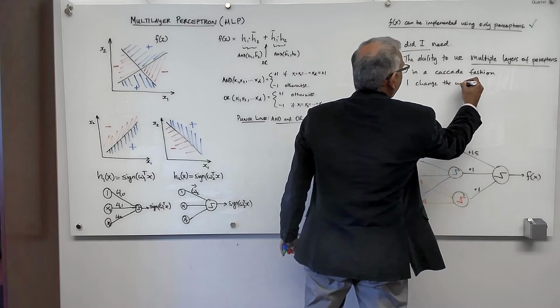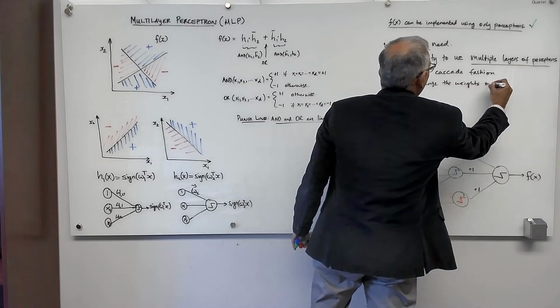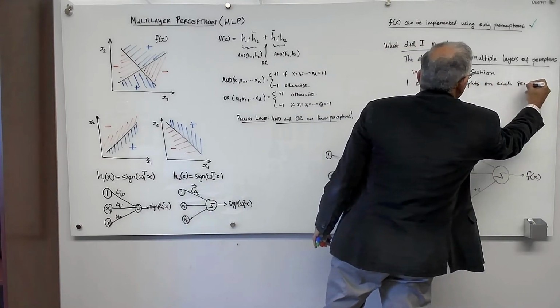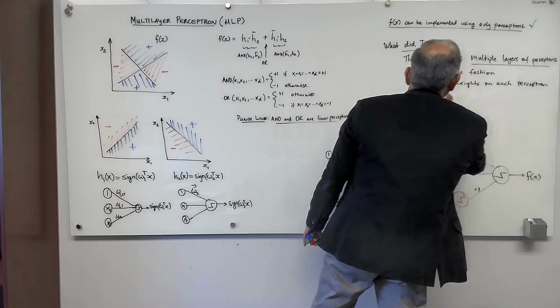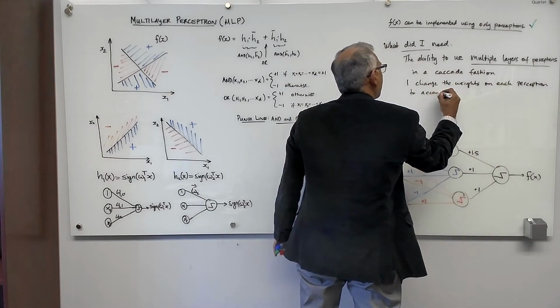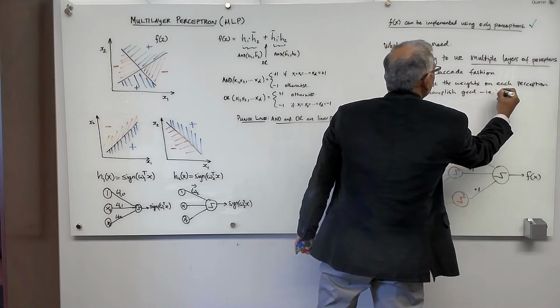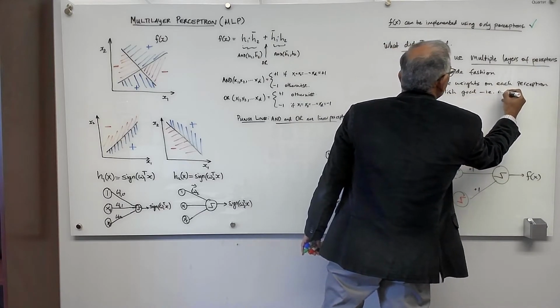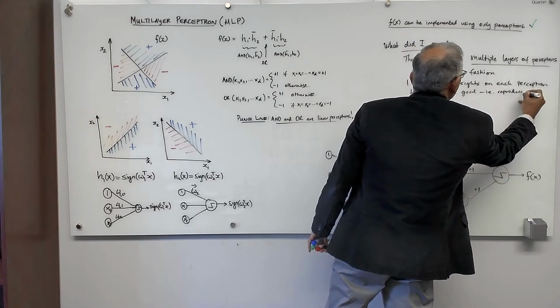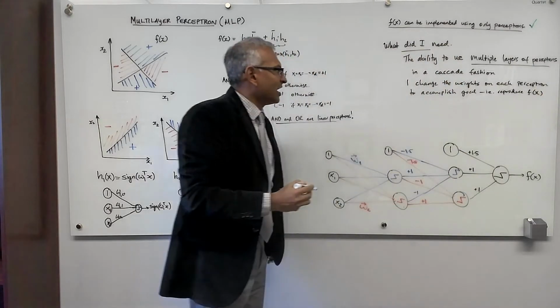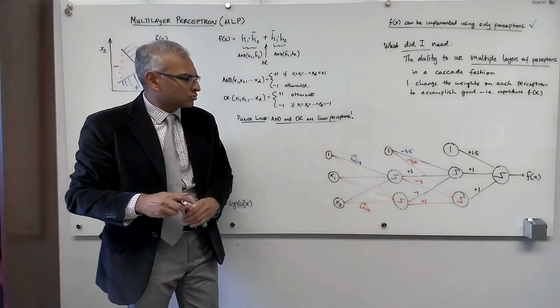So I change the weights on each perceptron in order to accomplish the goal, i.e., reproduce f of x.